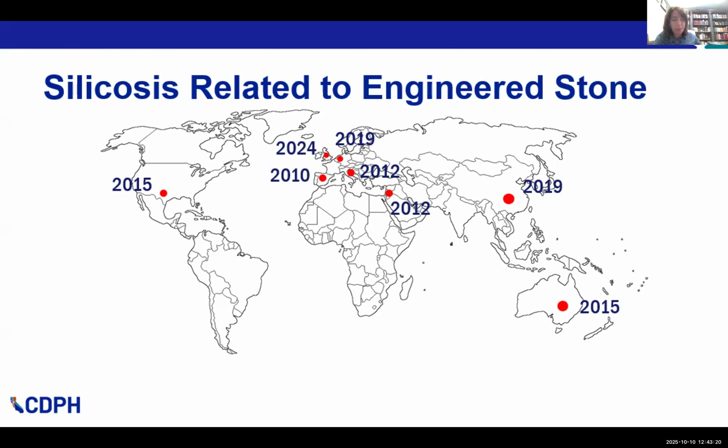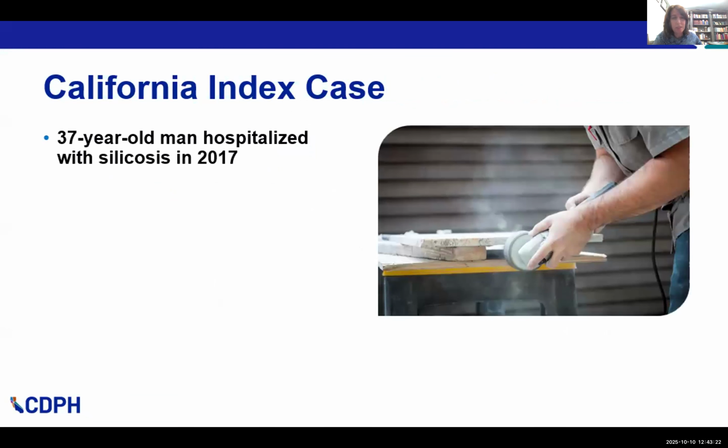And so we began looking for cases in California, and a very astute epidemiologist in our group found the first case in 2019 by reviewing hospital discharge records that we have access to as a public health agency. So she identified a 37-year-old man who'd been hospitalized with silicosis in 2017.